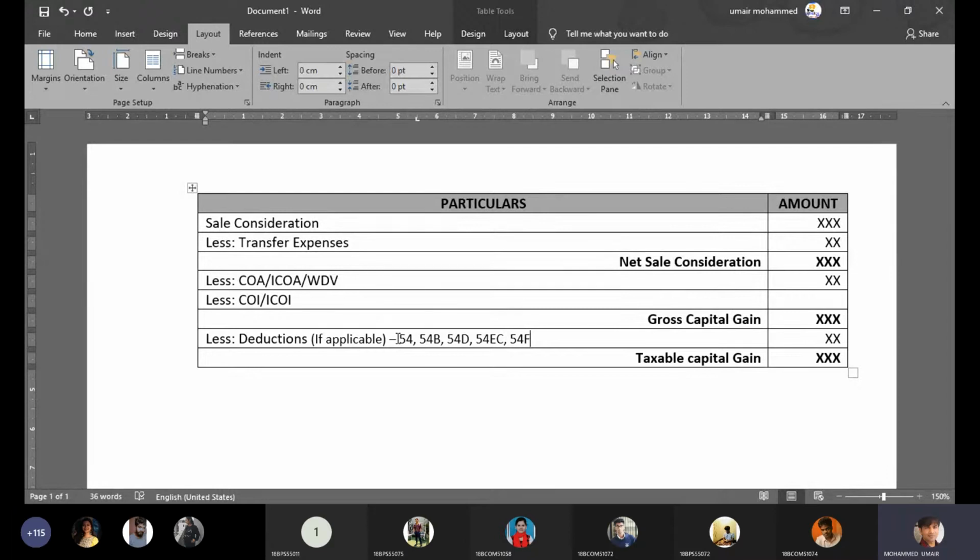Tax planning is a process in which an individual is able to minimize or eliminate his tax liability by making use of the provisions of the Income Tax Act. Whereas tax evasion and tax avoidance are totally unacceptable, because in tax avoidance, you misuse the provisions of the Income Tax Act. In tax planning, you use them judiciously, whereas in tax avoidance, you misuse them. You try to find out the loopholes using which you can minimize your tax liability. So that becomes tax avoidance.